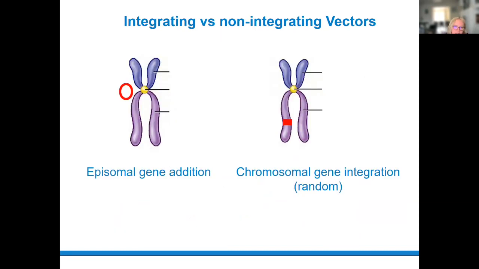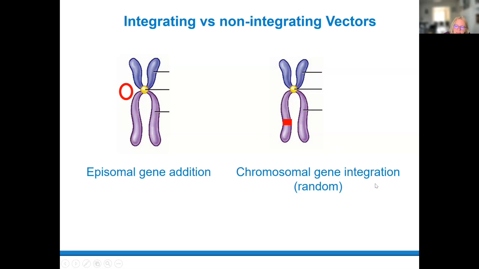Just wanted to briefly talk about the difference between an integrating versus a non-integrating vector. So this schematic here is a chromosome, which we carry in the nuclei of our cells. Many gene transfer agents that we're using just sit next to our endogenous chromosomes. They don't integrate into our native DNA.